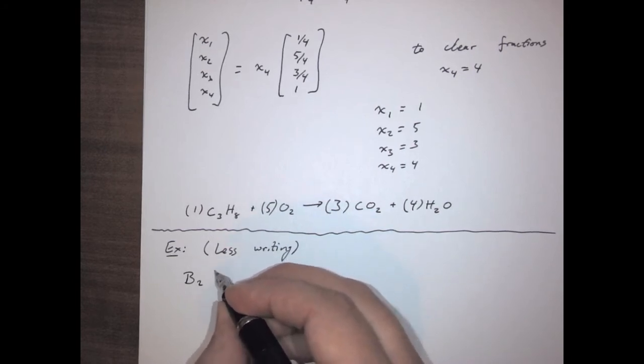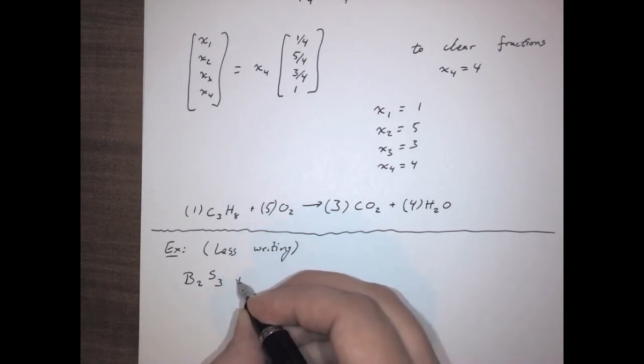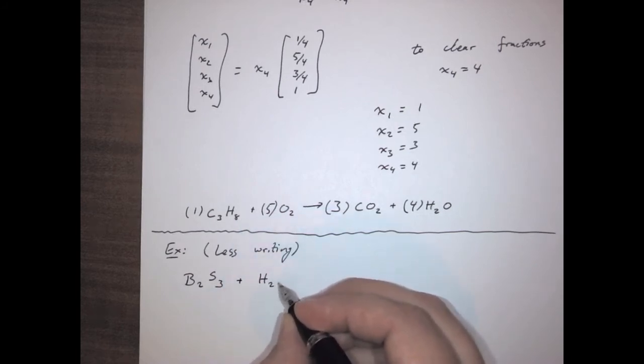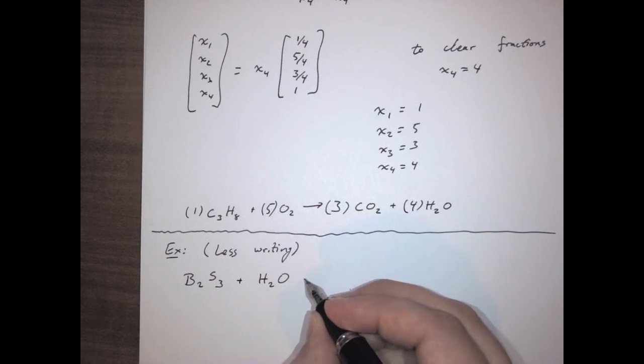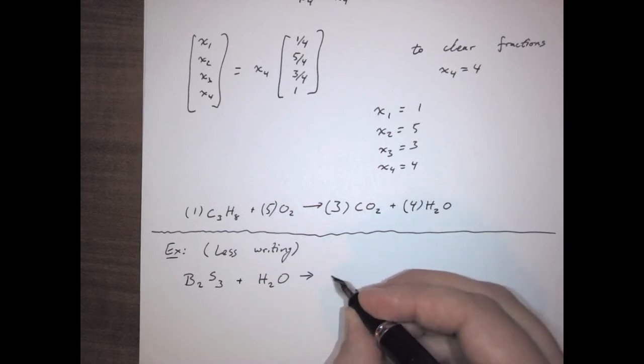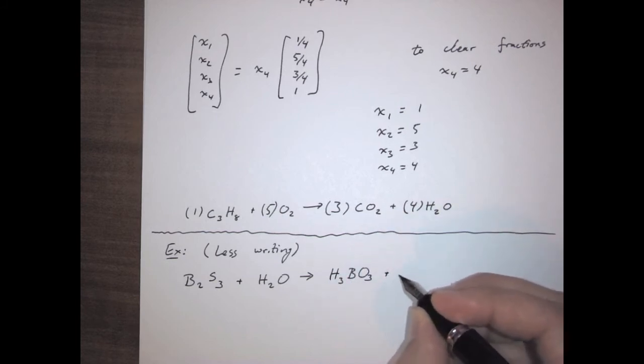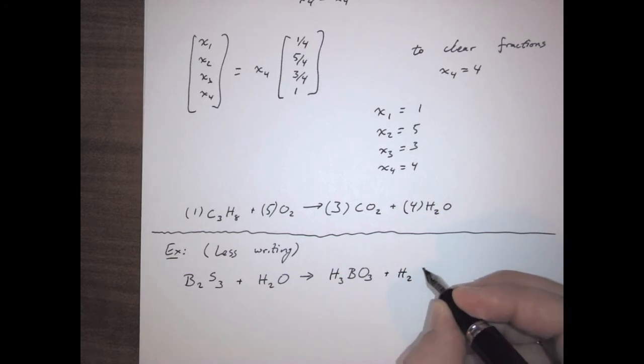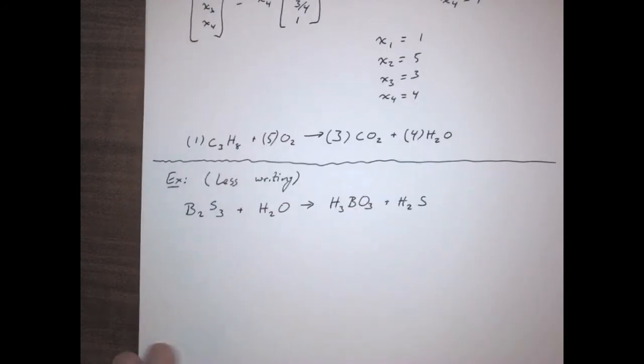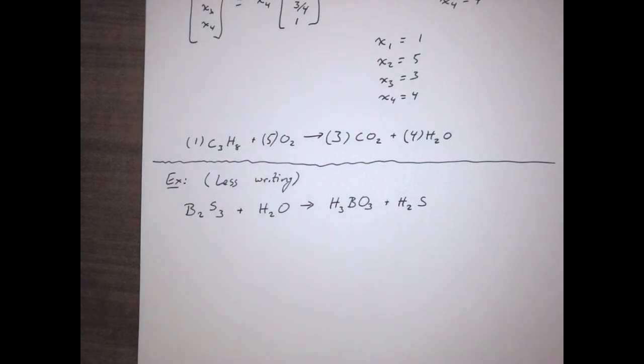So B2S3 plus H2O leads to H3BO3 plus H2S. So this is a chemical reaction. It happens with boron sulfide and water, and you put it in, and stuff happens, and then you get this other stuff.